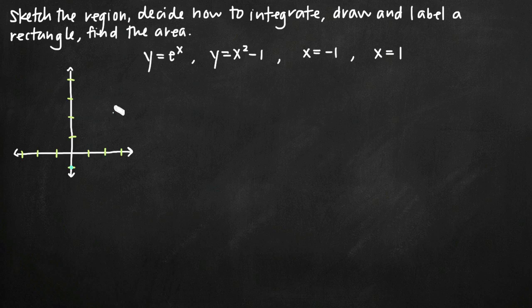Now we can draw our parabola that opens upward. If we wanted to get x-intercepts, we could set y equal to 0. We'd have 0 equals x squared minus 1. We can factor x squared minus 1 to be x plus 1 times x minus 1, and we can see from that that our x-intercepts are -1 and +1, which we should know anyway because for a standard x squared parabola, it's always 1 unit up, 1 unit over from the vertex.